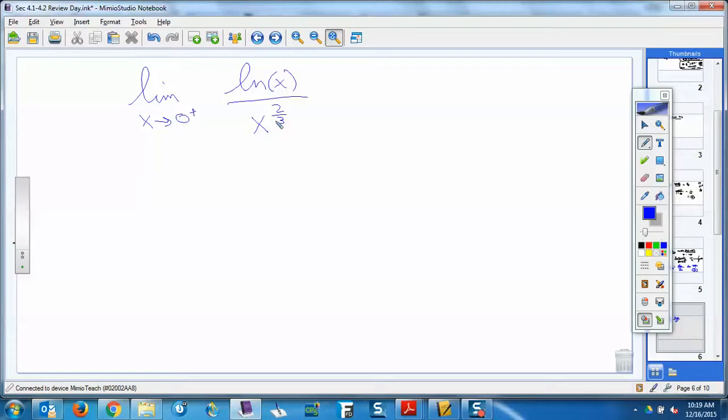You guys remember that one? It was one we had in the homework before we knew L'Hopital's rule, and then we did it with L'Hopital's rule, but I don't think I did a very good job of finishing it. When you put a 0 into natural log from the right, that's negative infinity.